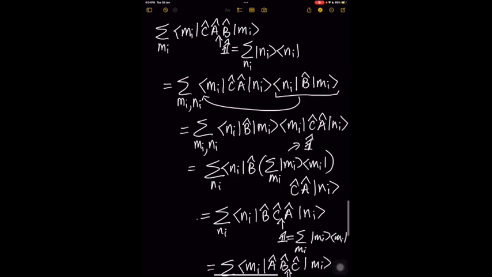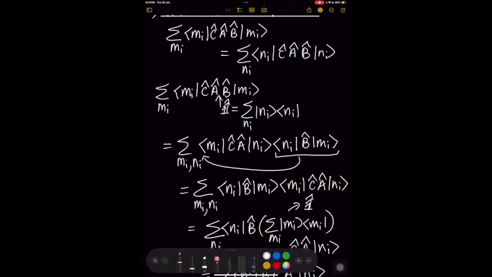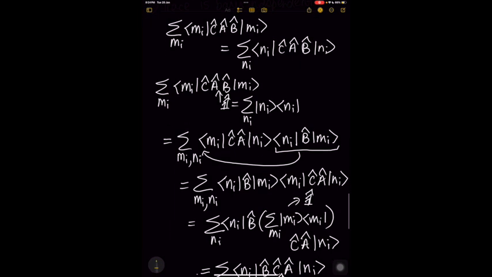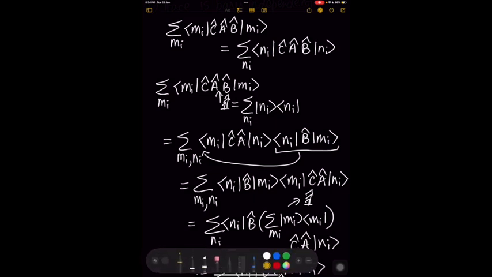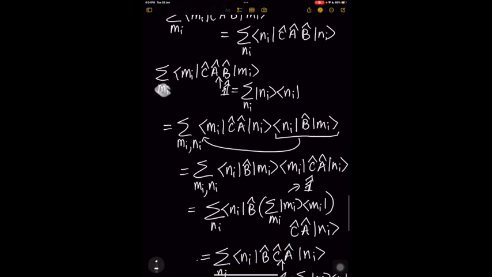So we started off with the trace of CAB, where the basis considered was the m sub I basis.